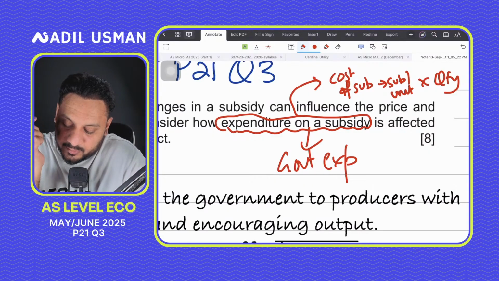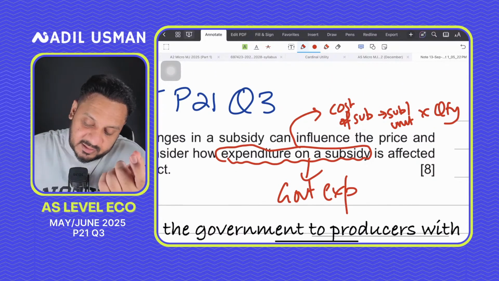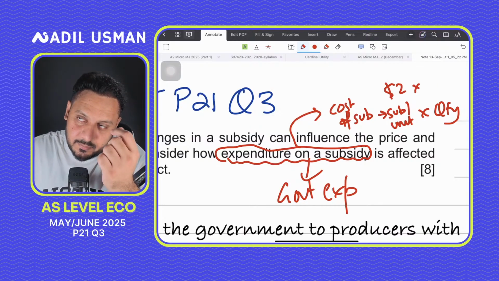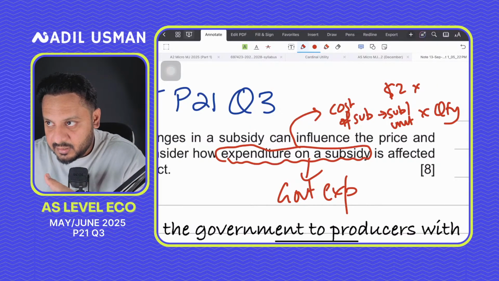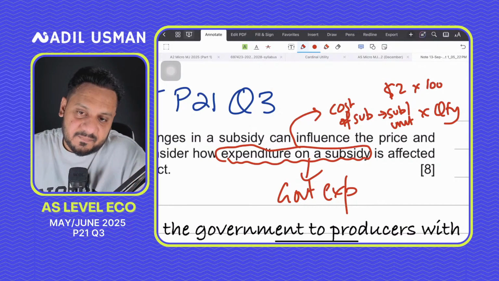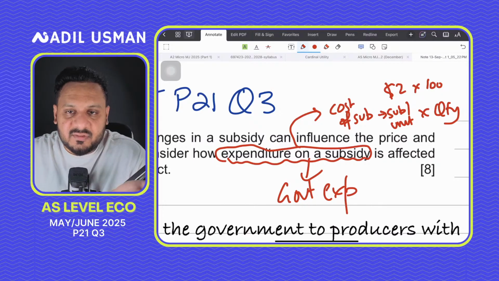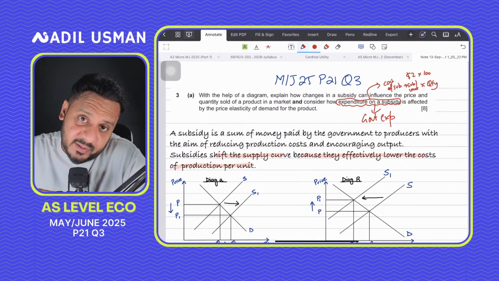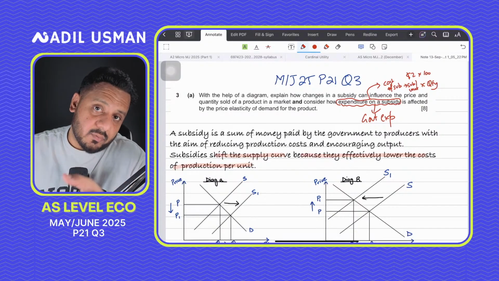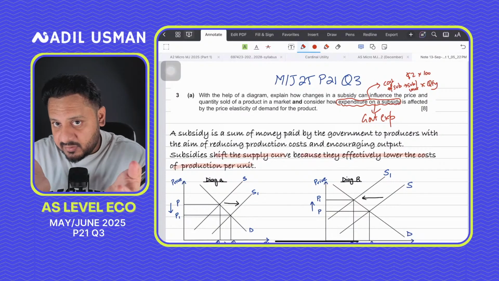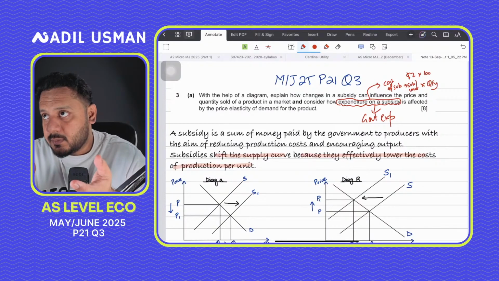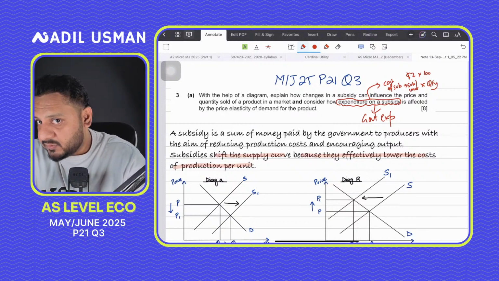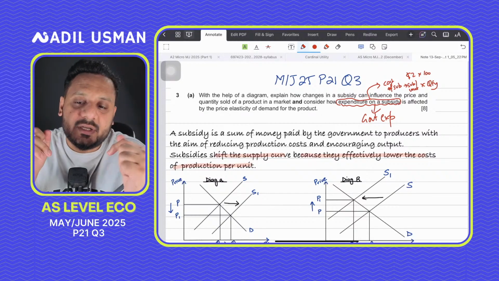So let's say if per unit subsidy is $2 and you're producing and selling, let's say 100 units, then $200 is the cost of the subsidy. Now, how would PED influence that? Any idea? Would the cost of a subsidy go up when demand is elastic, or will it be higher when demand is inelastic? That is what you need to address here.